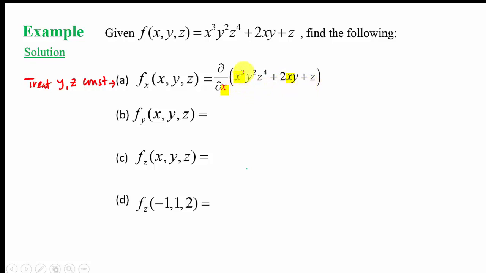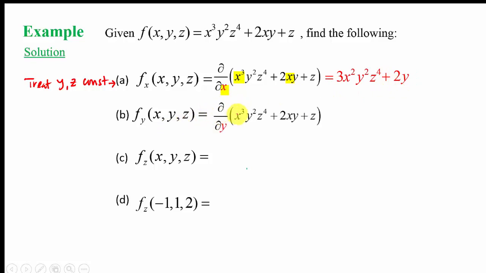The first term, x to the power 3, differentiated with respect to x is 3x squared, and the y squared z to the power 4 is considered a constant, so it's equal to 3x squared y squared z to the power 4, plus 2xy differentiated with respect to x, the answer is 2y, and z with respect to x is also equal to 0. So the answer is like this.